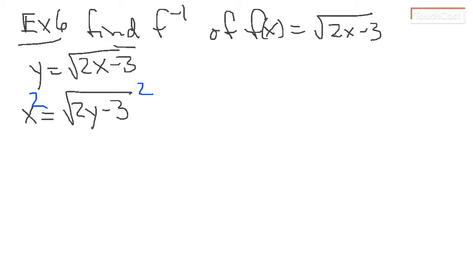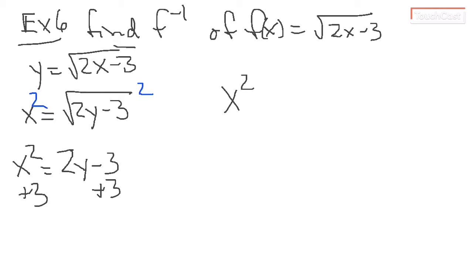So we're going to end up with x squared equals, and squaring both sides does cancel the square root, so we're going to have 2y - 3 on the right side. To keep solving for y, we can add 3. We're going to have x squared + 3 = 2y.